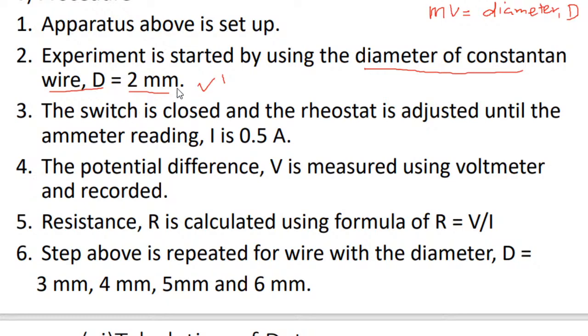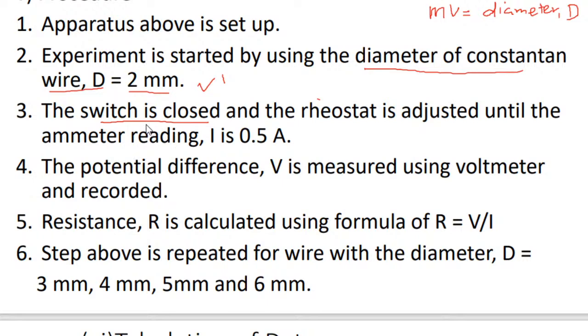Okay, so this is the first mark just now. Experiment started using diameter of constantan wire, D equals 2 mm. And then the switch is closed. This is important. Although there is no mark for it, the switch is closed, but it is compulsory. Otherwise, the responding variable cannot be measured.